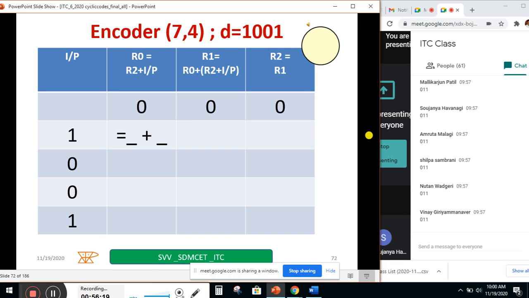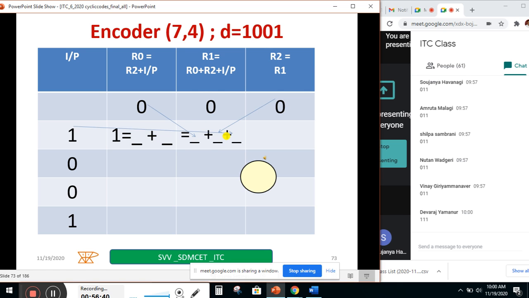Now observe this. Another 2 slides and we will wind up. What I do here is add this. Which one? Present. R2 plus input means previous R2 I will take, present input I will take, and add it. Similarly here, whenever a resistor comes, R0 means previous R0, previous R2, input means present.